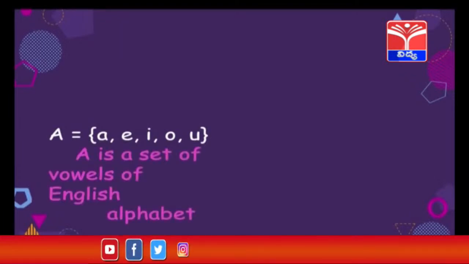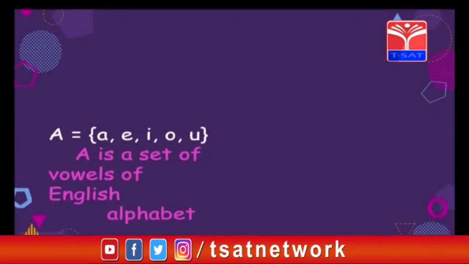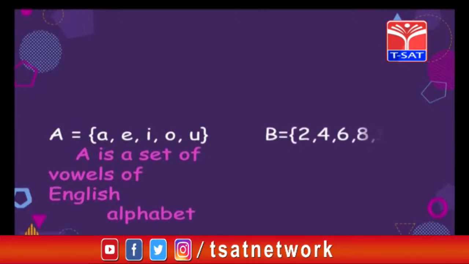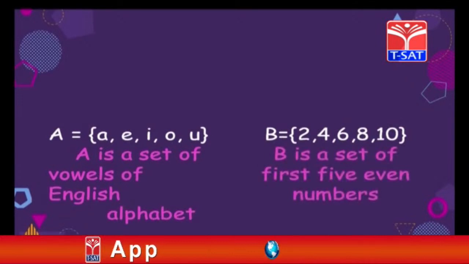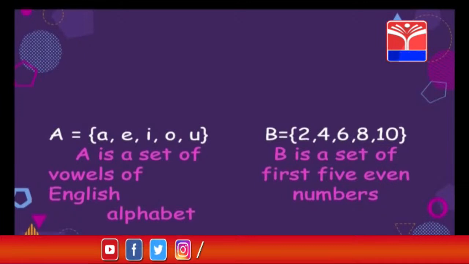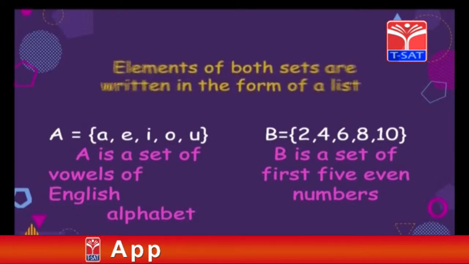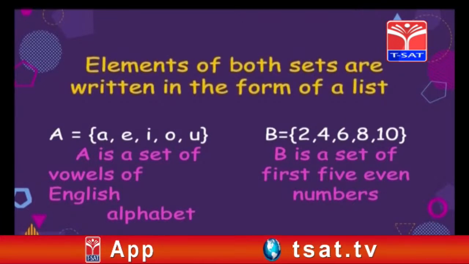That is right. A is a set of vowels of the English alphabet. Now, B: 2, 4, 6, 8, 10, which is a set of the first 5 even numbers. What have you observed there? We have written the elements of the sets as a list, which means we are listing the elements of the set. So, elements of both sets are written in the form of a list.